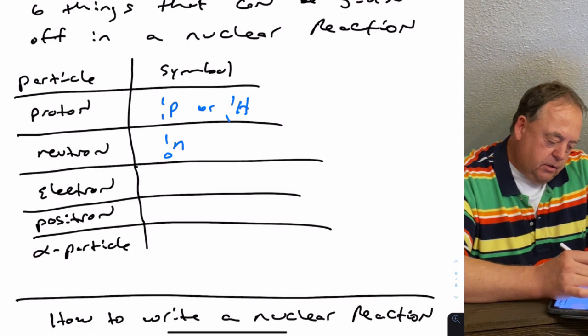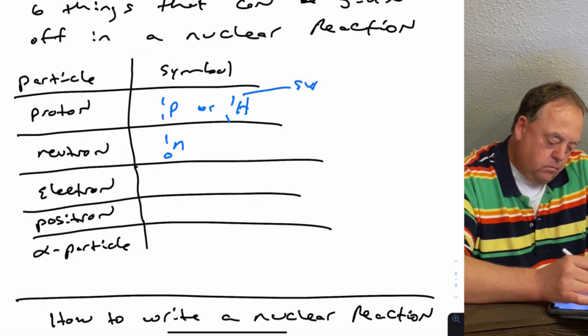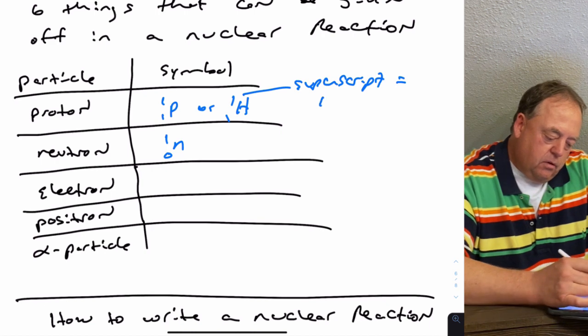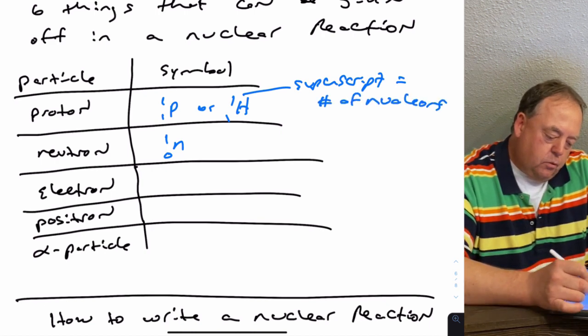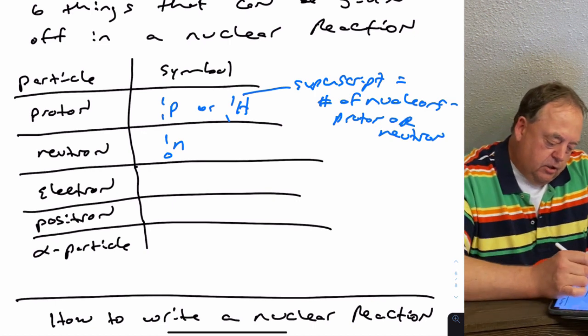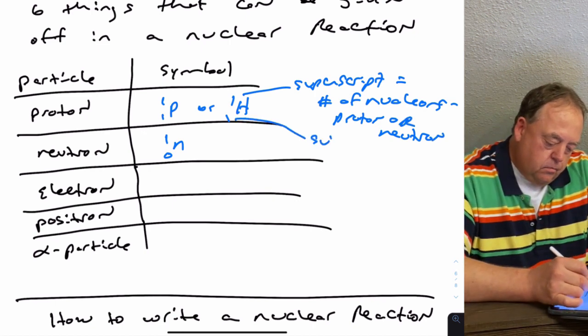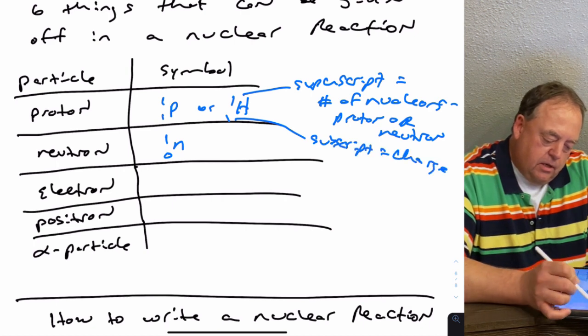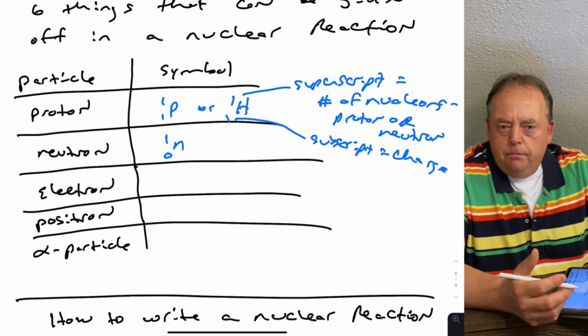So the superscript equals the number of nucleons. What is a nucleon? It's a proton or neutron. And the subscript is charge. Of course, protons are +1 charged.